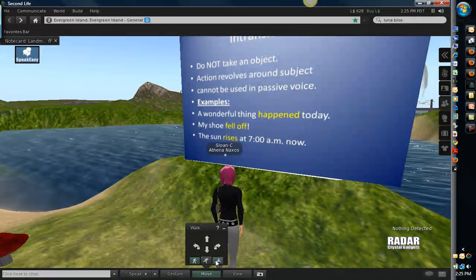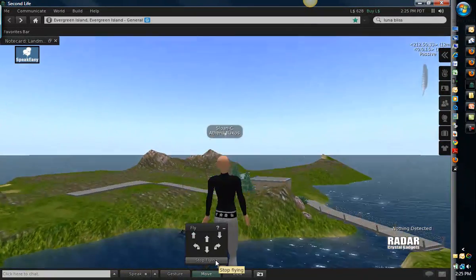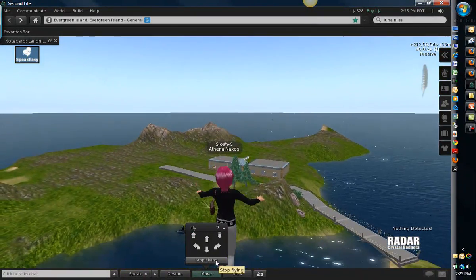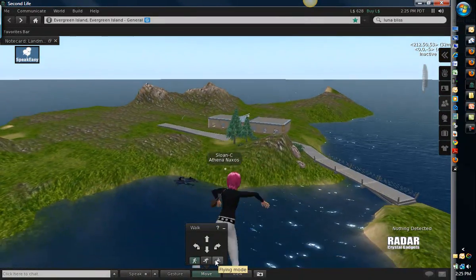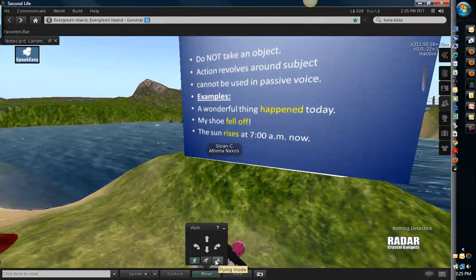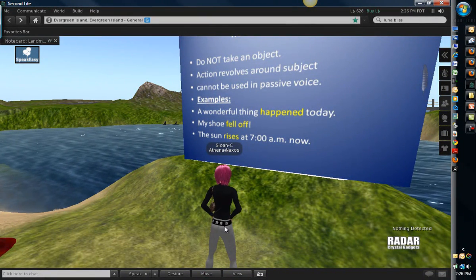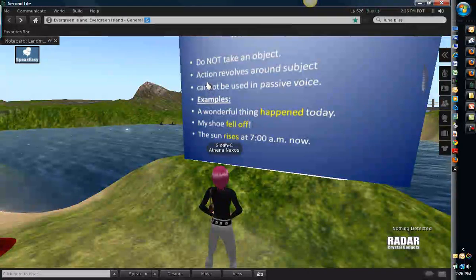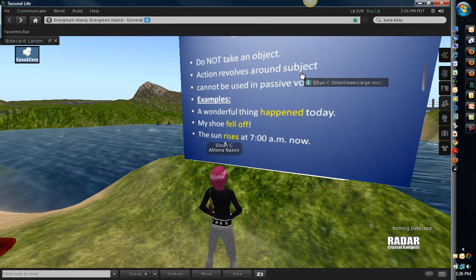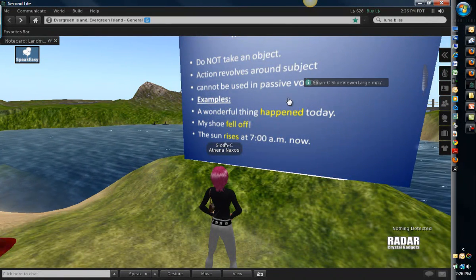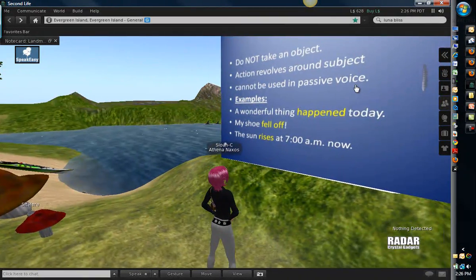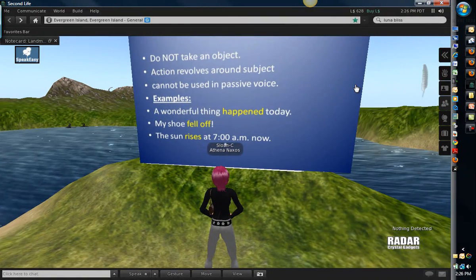Just like in the example, when I flew up really high and I said, Monica fell down. I'm the focus of that sentence. There's no object. Monica fell down. So the action revolved around me. I was the subject. I cannot make that sentence passive.